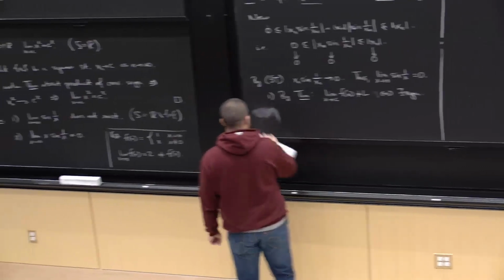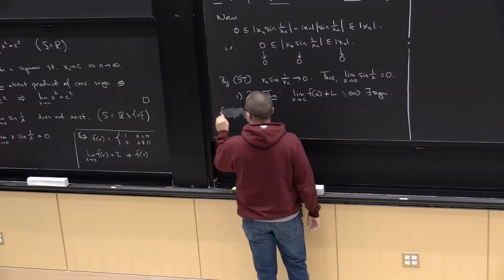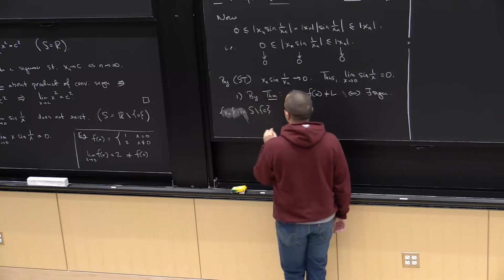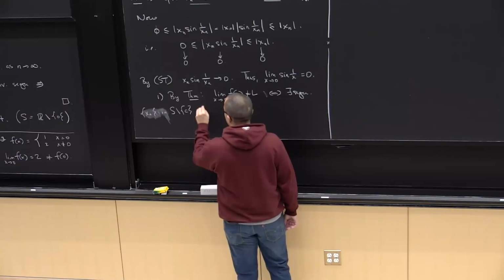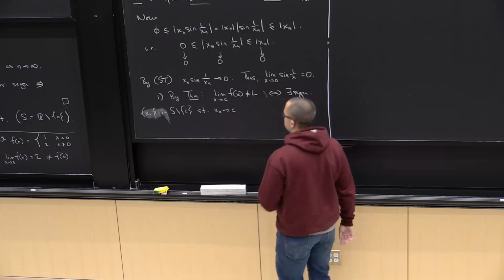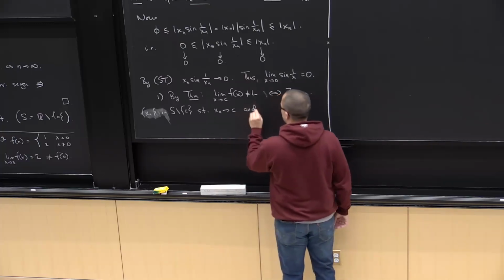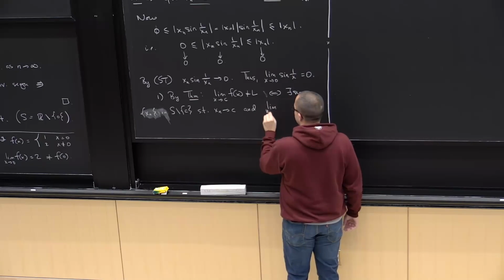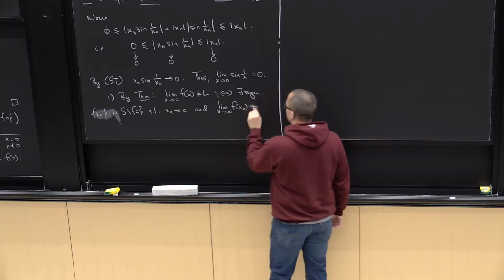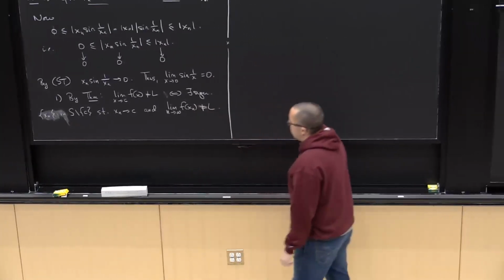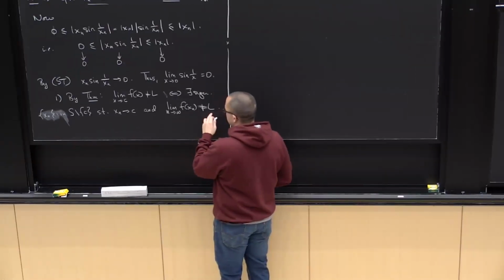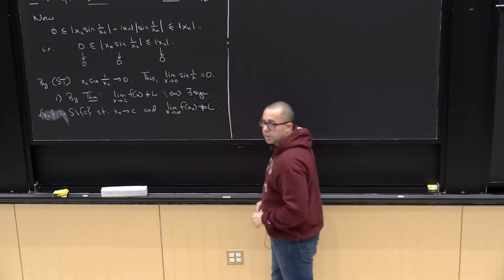So this sequence consists of elements of S take away c such that x n converges to c, but we don't have f of x n converging to L. And when I write this, you should read this as either this limit exists and does not equal L, or this limit does not exist. Okay?